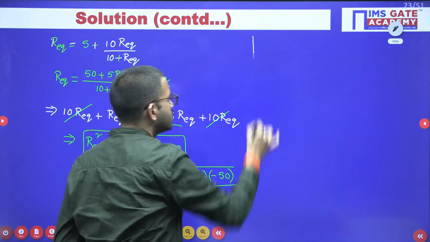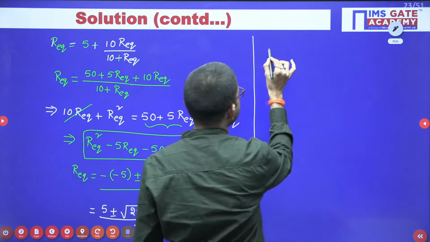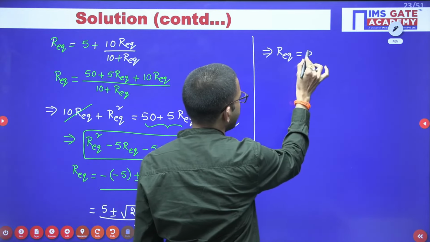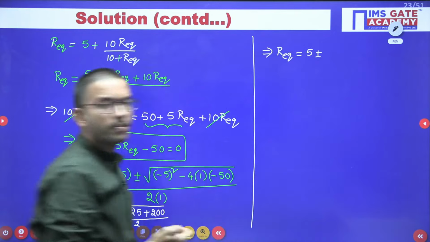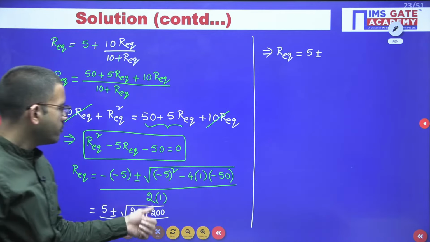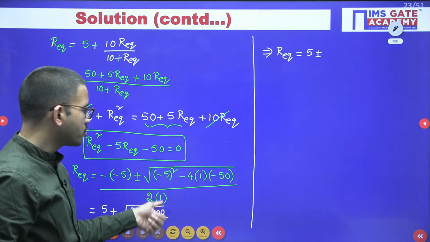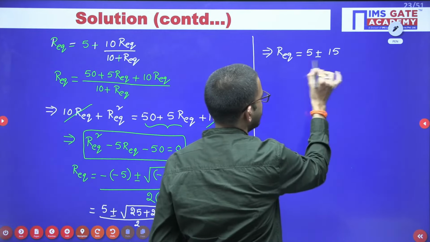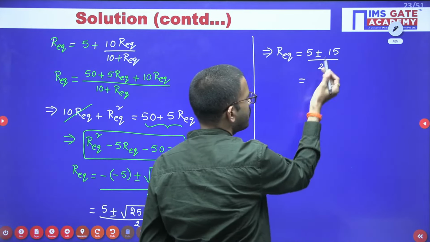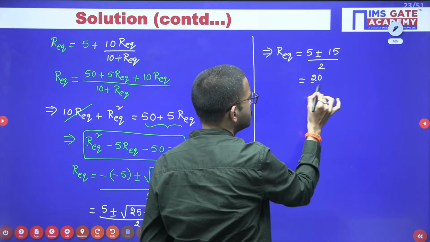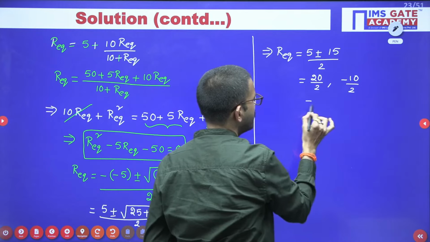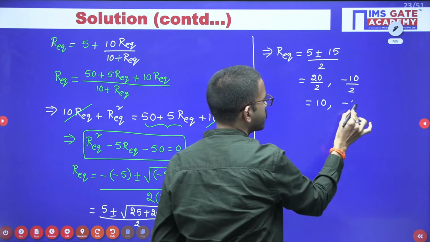Okay, so from here you will get R equivalent as 5 plus or minus 25 plus 200, that is 225. Root 225 is nothing but 15, divided by 2. So 5 plus 15, that is 20 divided by 2. 5 minus 15, that is minus 10 divided by 2. So from here you are getting 10 and minus 5.